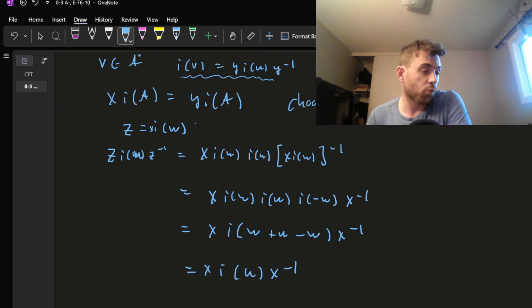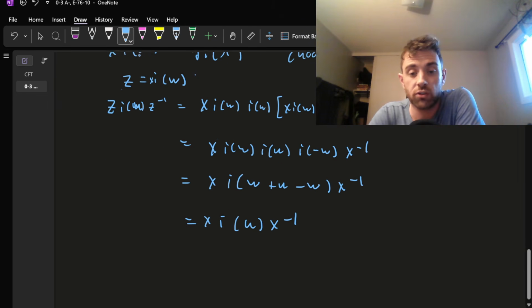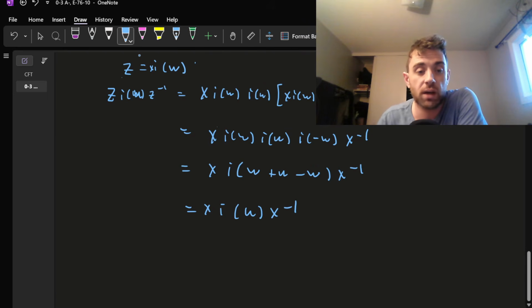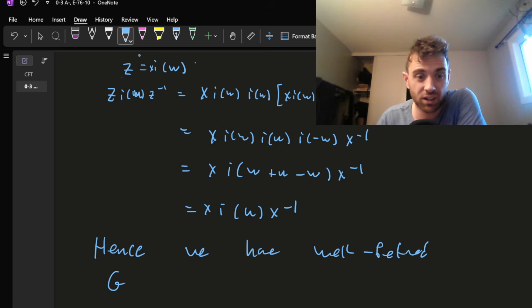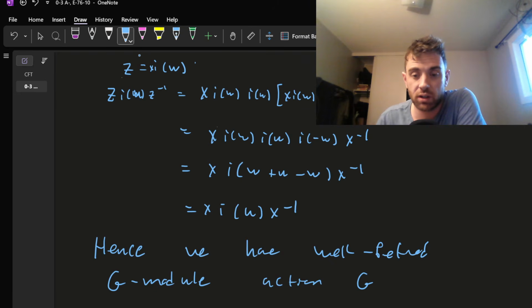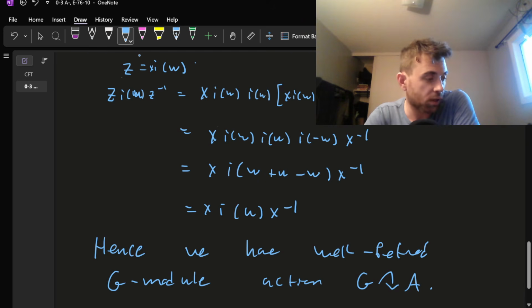So what was the point of all of that? The point was that we have a well-defined G module action of G on A. That was the whole point. What do I mean by a G module?